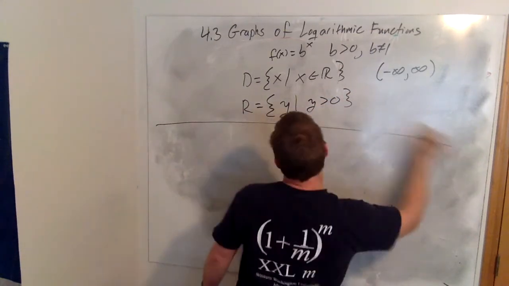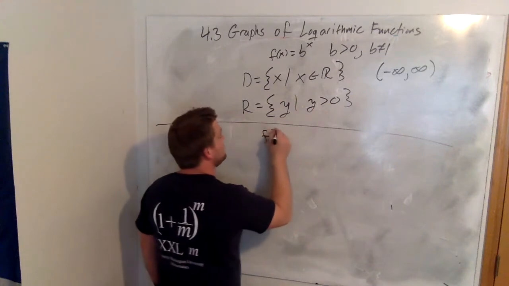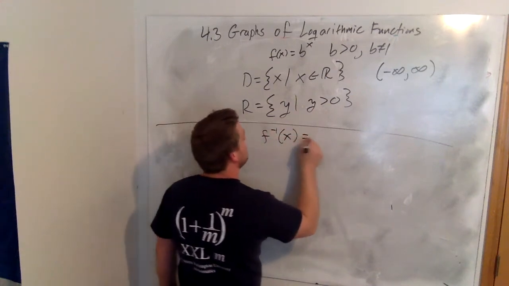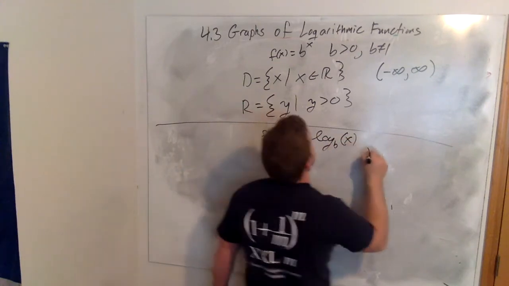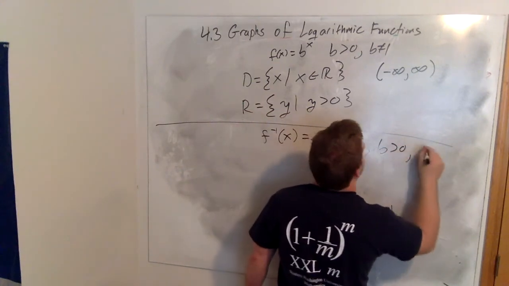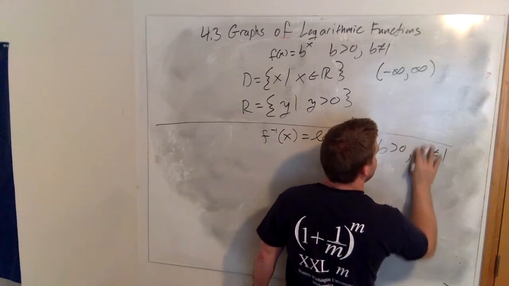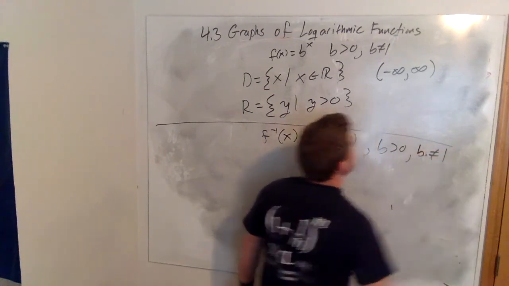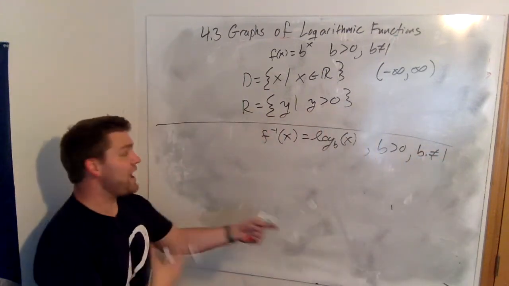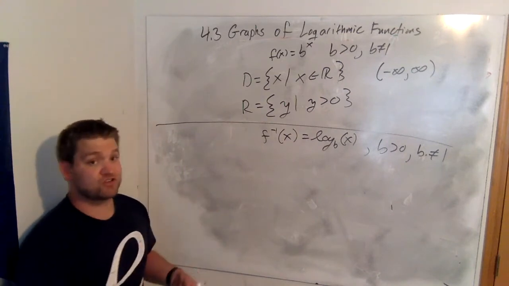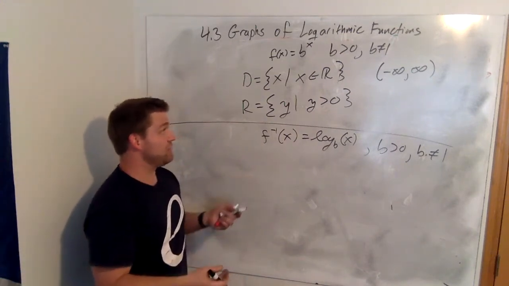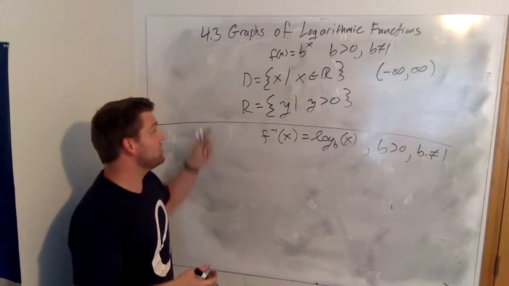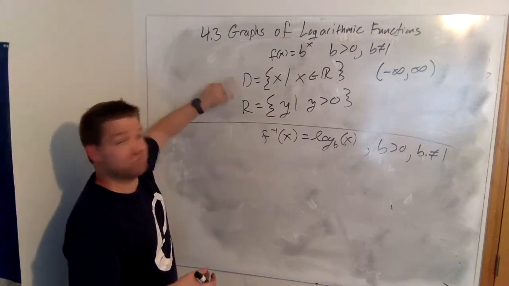Okay? Well, if we're thinking about the inverse of this, log base b of x, we still have the same conditions that b has to be greater than 0 and b can't be 1. If you want to see the domain and range pictures, go back in the video a little bit. But I don't need the picture, since it's an inverse function, its domain and range are just going to flip-flop.